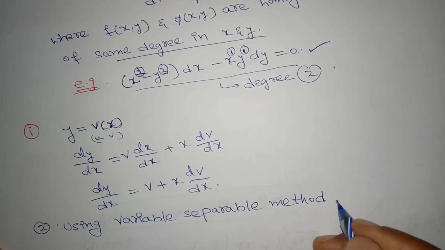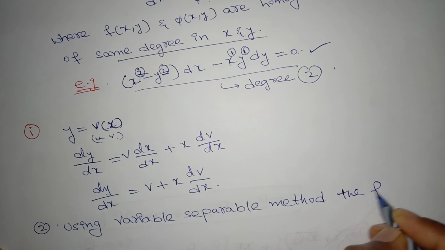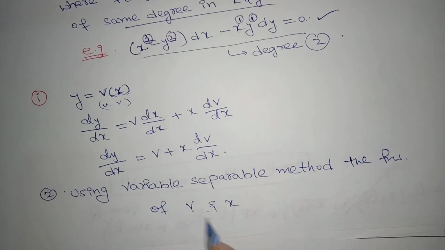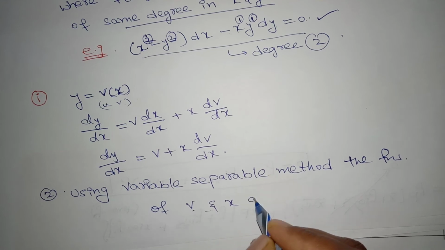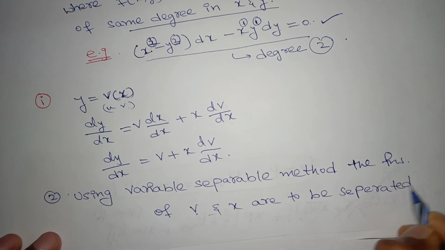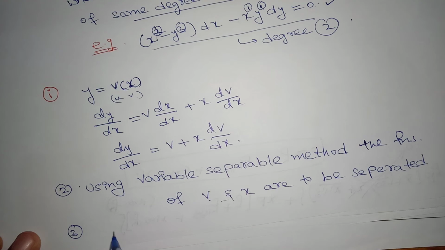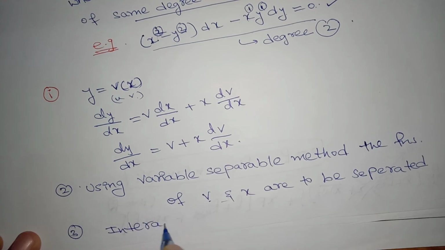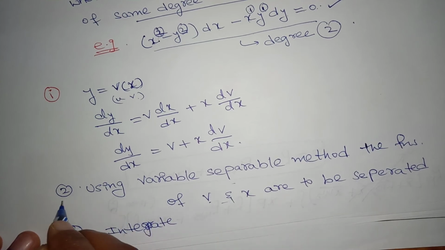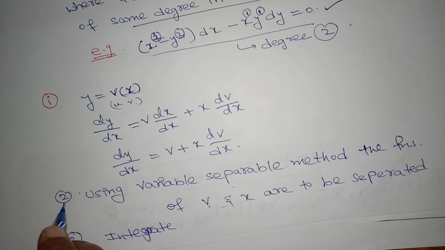Using the variable separable method, the functions of v and x are to be separated. Now the third step is to integrate the equation which we have in step 2.